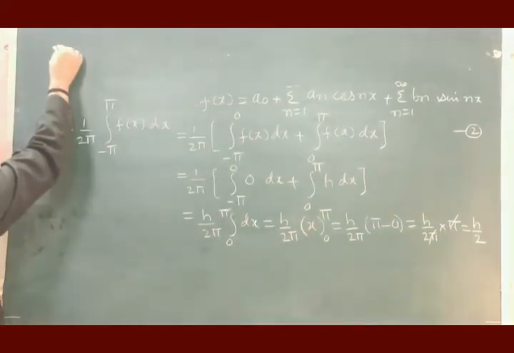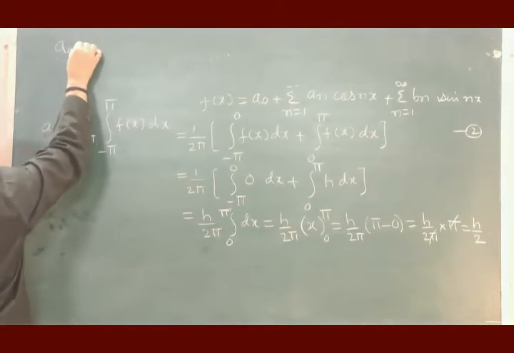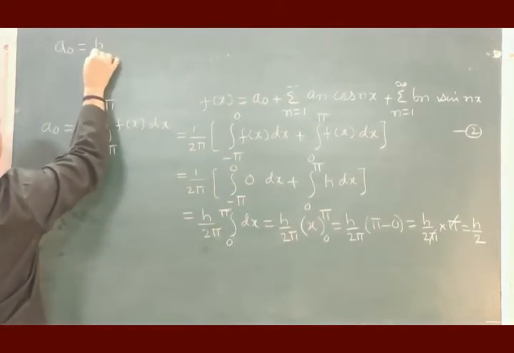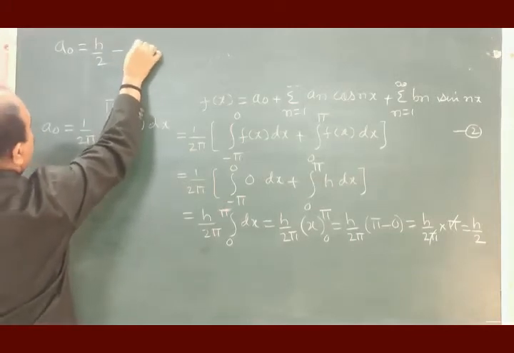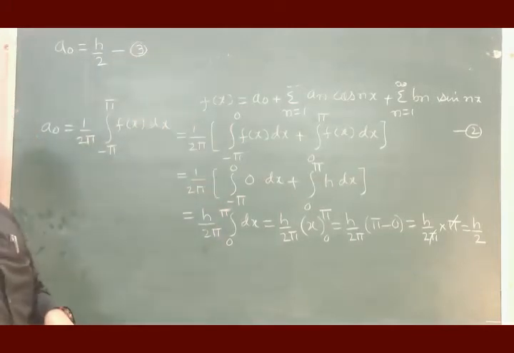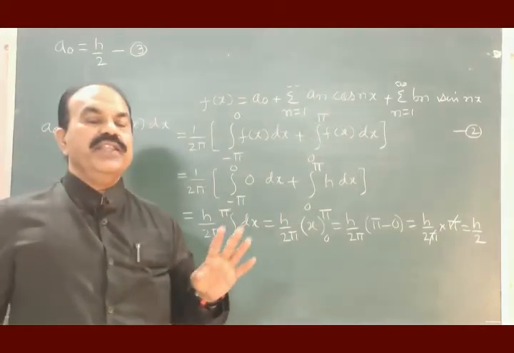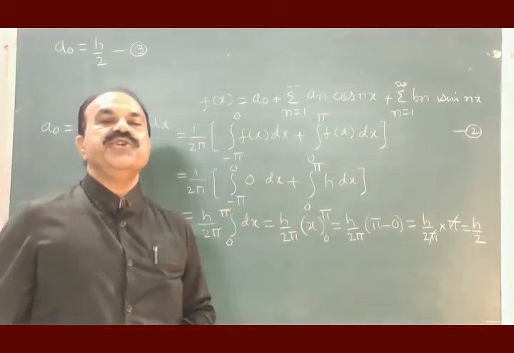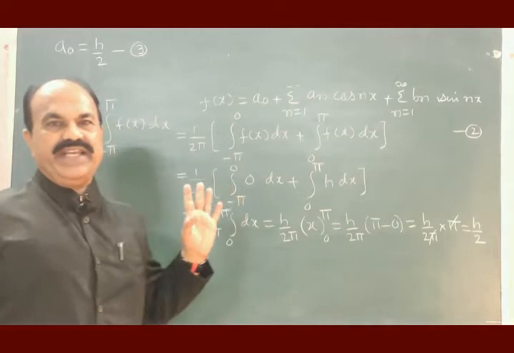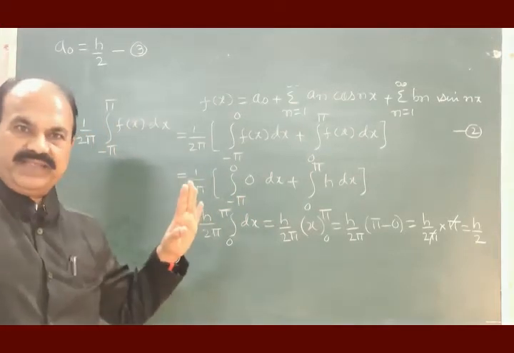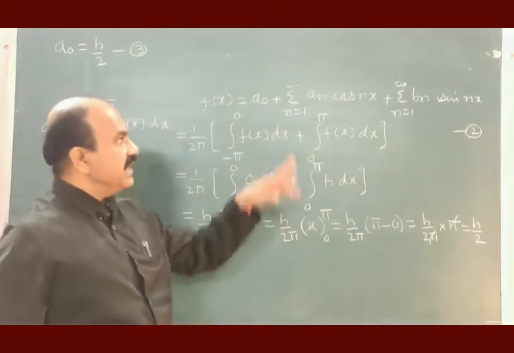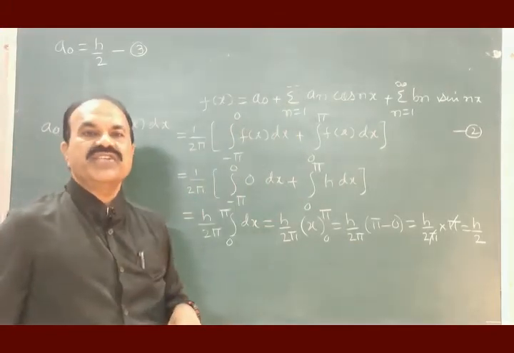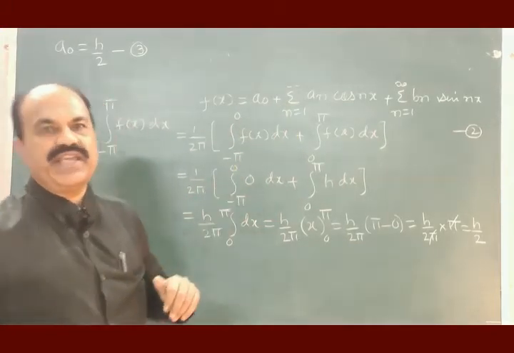And so let me write here A0 is equal to h divided by 2, equation number 3. This way the first coefficient A0 is evaluated. So simple, right?